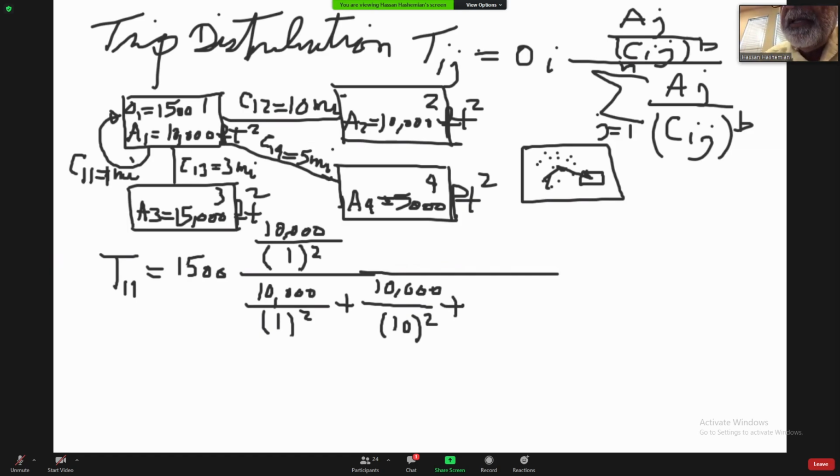That means A3, so that's 15,000 divided by 3 squared, plus, now we have 5,000 for zone 4. So 5,000 divided by 5 squared.